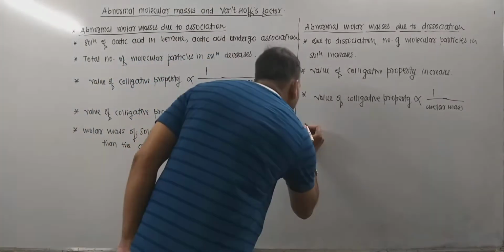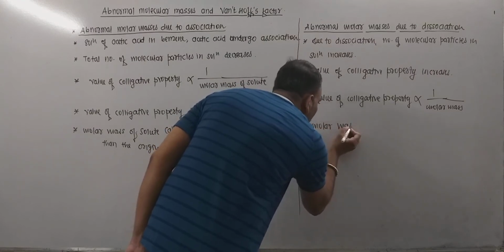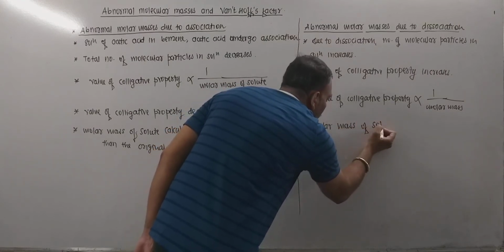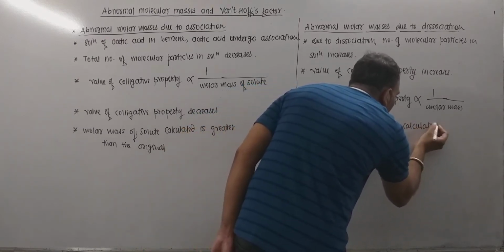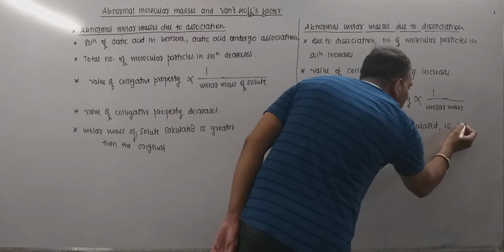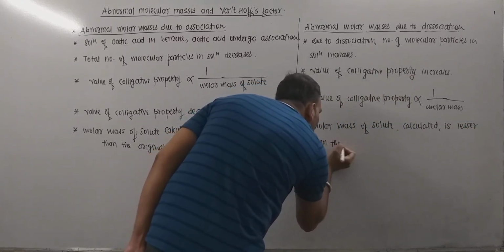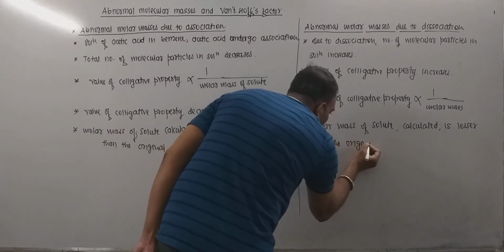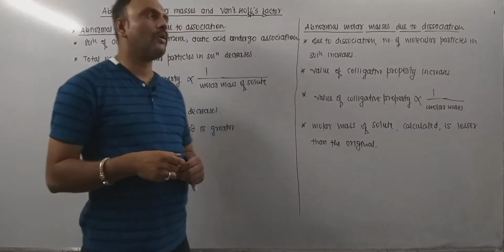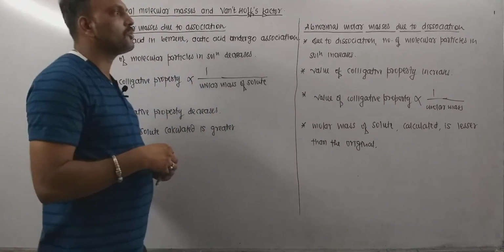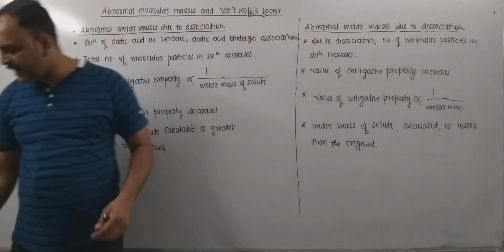This is a very important thing. The molar mass of solute calculated is lesser than the original. So this is the problem. Whether solute undergoes association or dissociation, it creates a calculative problem.